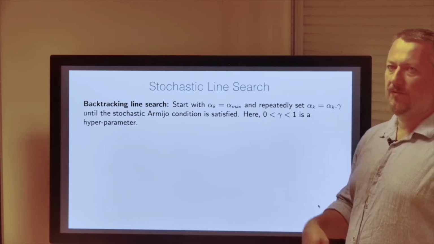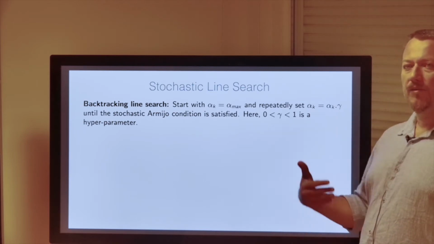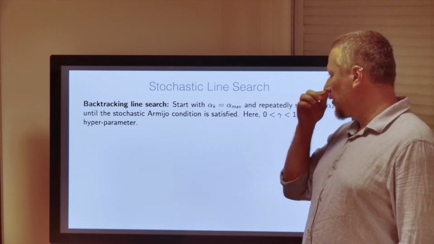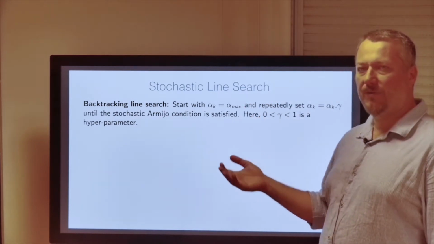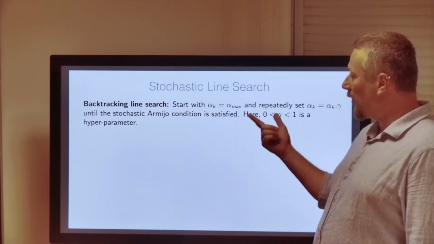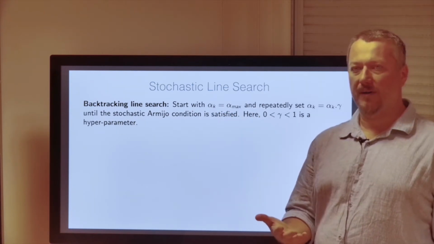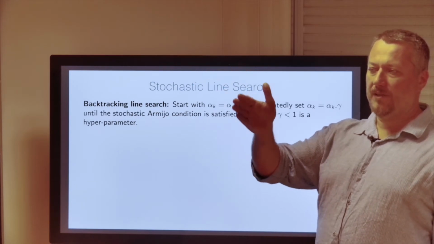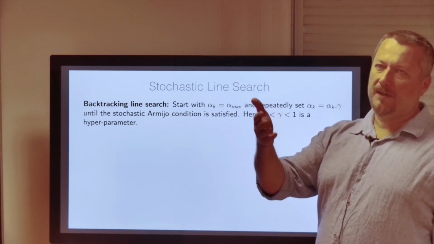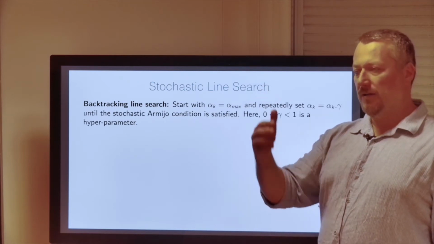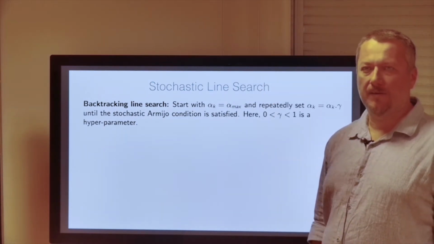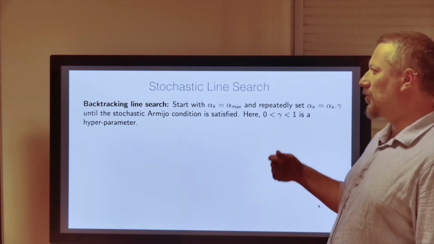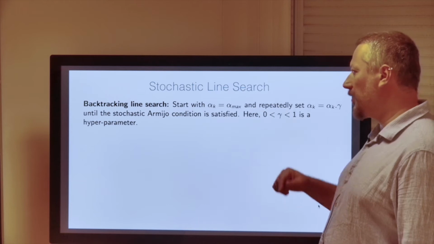Still, if it's not satisfied, you multiply it with gamma again, so you make it shorter, and you keep on trying this until you find an alpha k which satisfies the Armijo condition. And since you are decreasing the step size gradually, the point that you find is an approximation of the biggest alpha k that satisfies the Armijo condition.